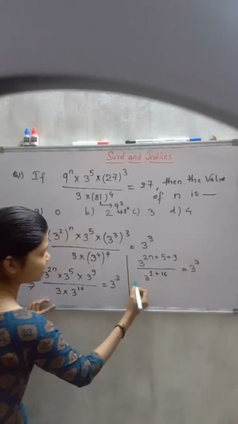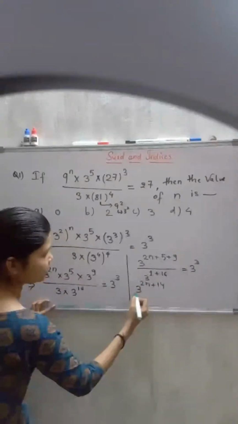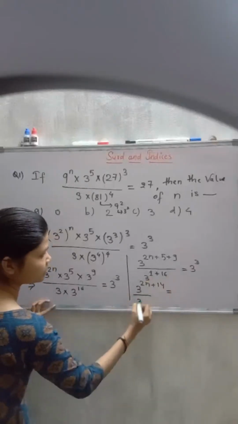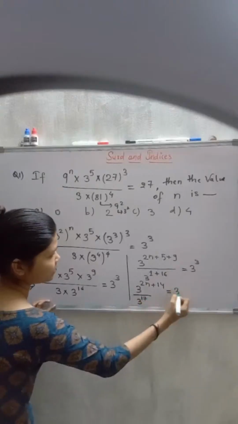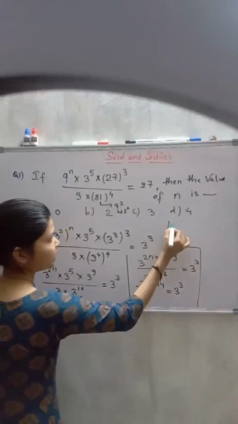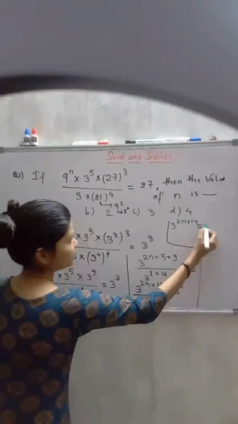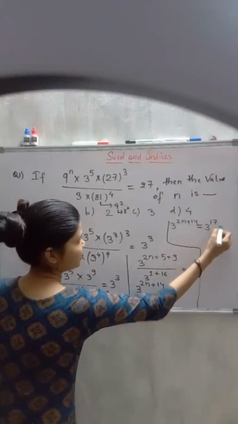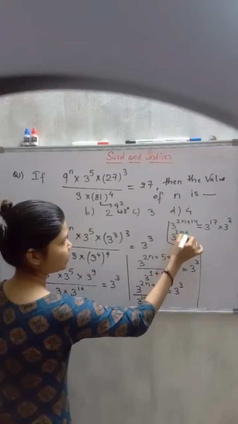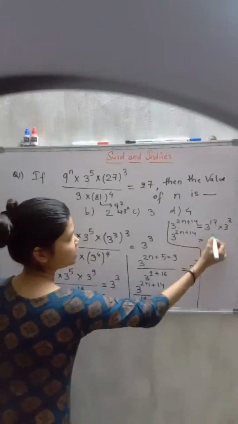Now we get 3 to the power 2n plus 14 equal to 3 to the power 17 by 3 cube. Now multiply this, we get 3 to the power 2n plus 14 equal to 3 to the power 17 into 3 cube. So we will get 3 to the power 2n plus 14 equal to 3 to the power, bases are same, so powers get added, 20.